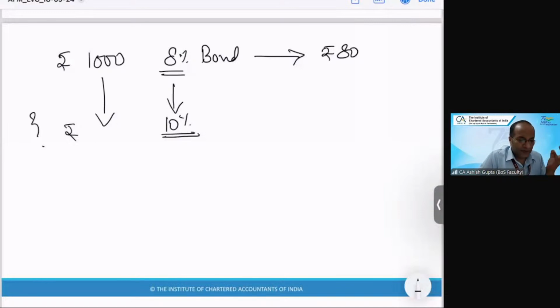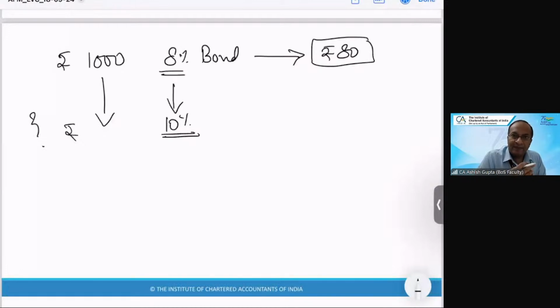So I'm just repeating. You have purchased a bond today, when the market rate of interest was 8%. Of course, you are getting the interest income of 80. Now tomorrow, suppose the rate of interest becomes 10%. My question to you is whether you can sell this bond at 1000.